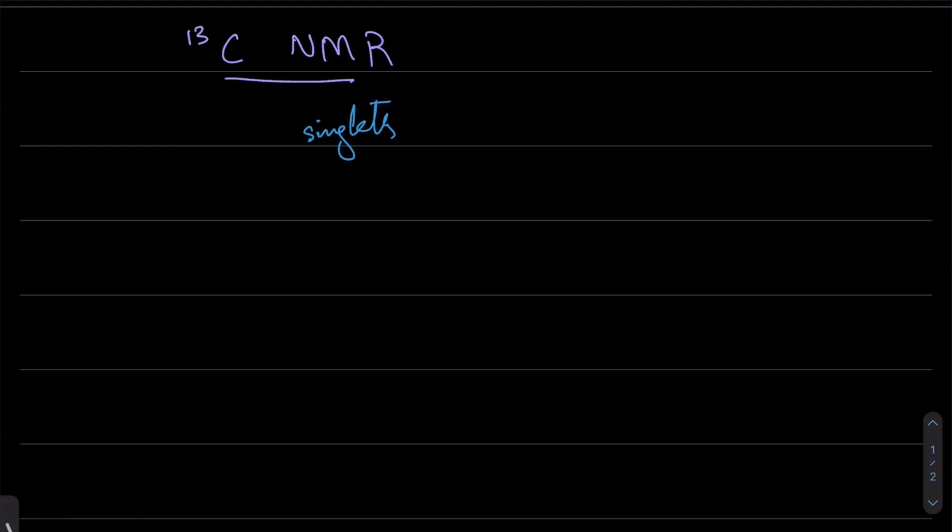The disadvantage is that in proton NMR, the height or the intensity was dependent on the number of hydrogens that you have. But here we can't determine the number of carbons from the carbon 13 NMR. These are just some facts that you should know before you do it.